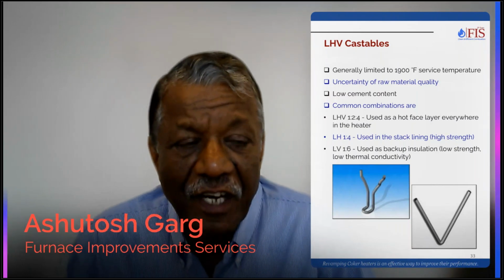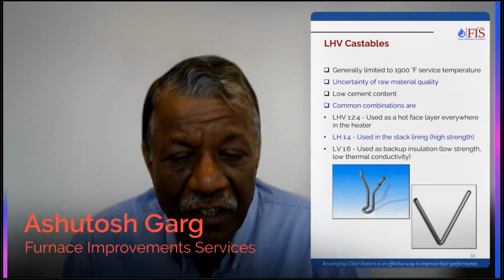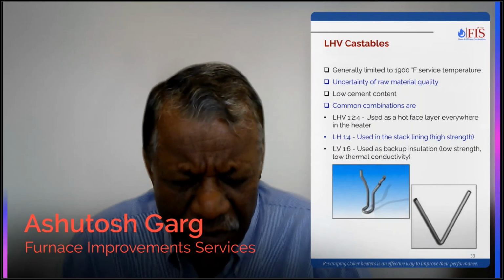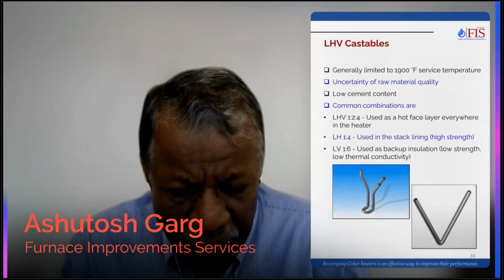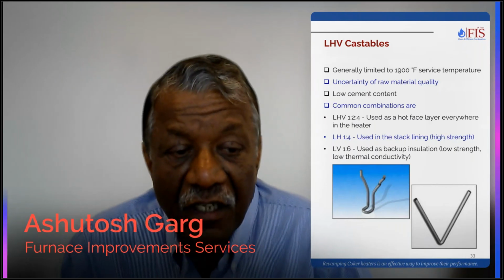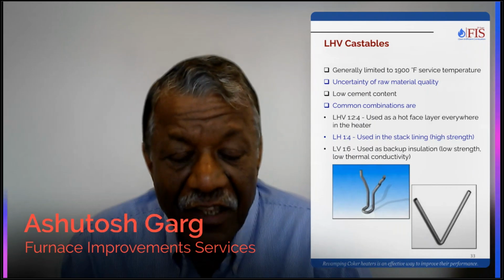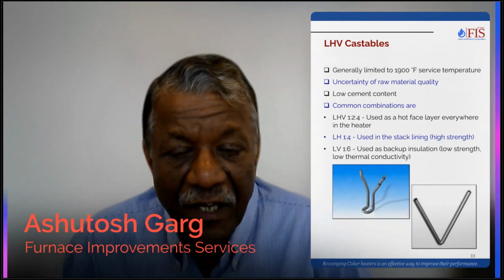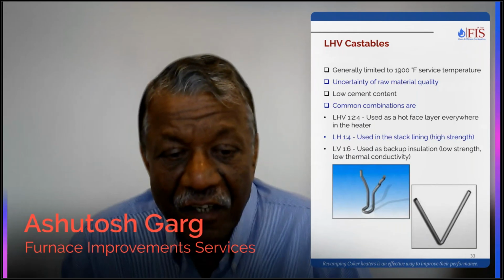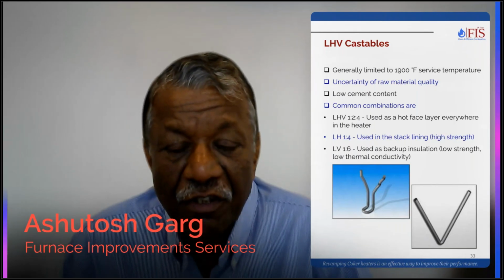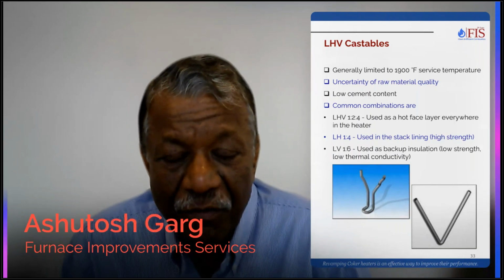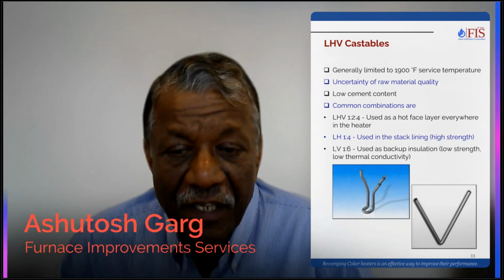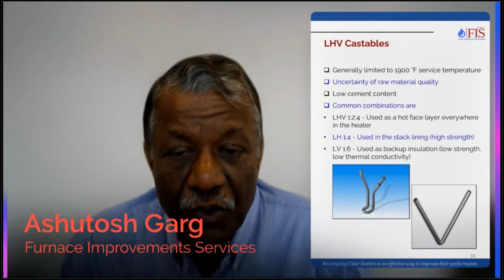LHV castables are called field mix castable. That means you're buying the three components and mixing them in the field depending on your requirement. And people realized that the quality control was not good and a lot of problems developed. So a lot of companies have shifted to shop mix castables.